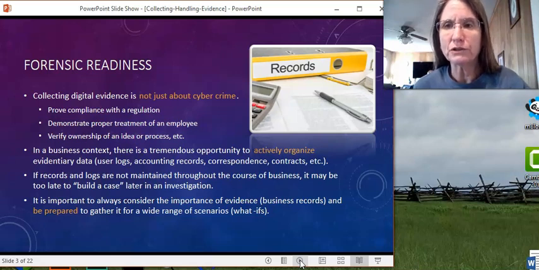Who wants to scramble around in a panicky manner, per se, trying to find that one piece of information to finish filling out forms for a patent application, for instance, at the last moment? So it's always important to consider the importance of all of our business records and to be prepared when that information is needed.